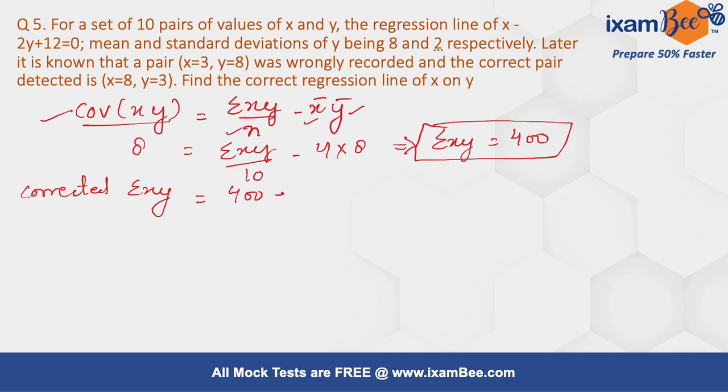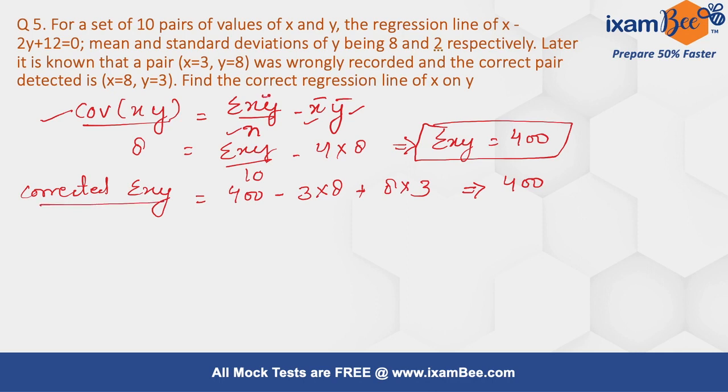If we have the old value, we subtract the multiplication of the old pair, and we add the new pair. So ultimately it will remain same. So the corrected xy will be same.